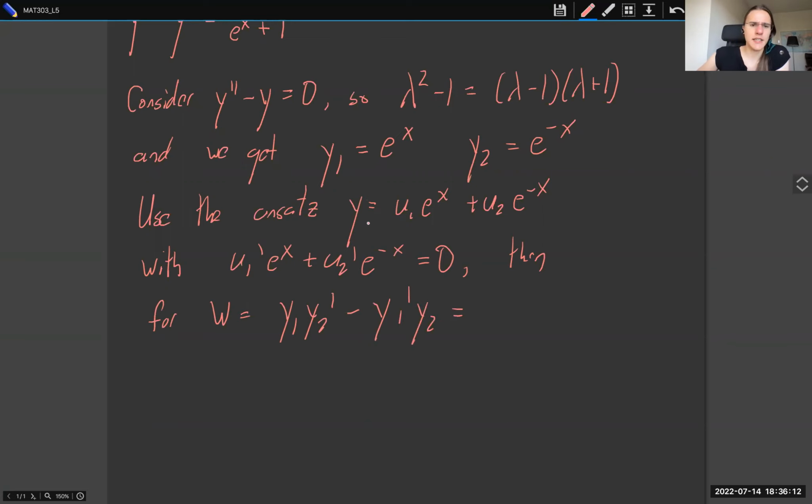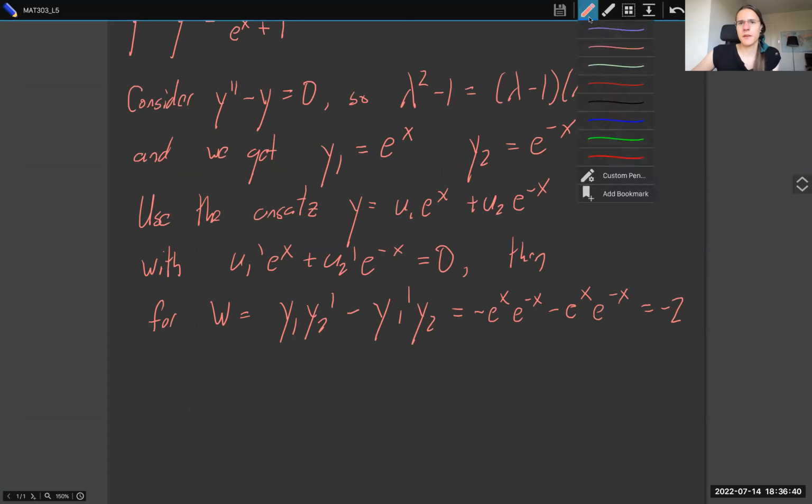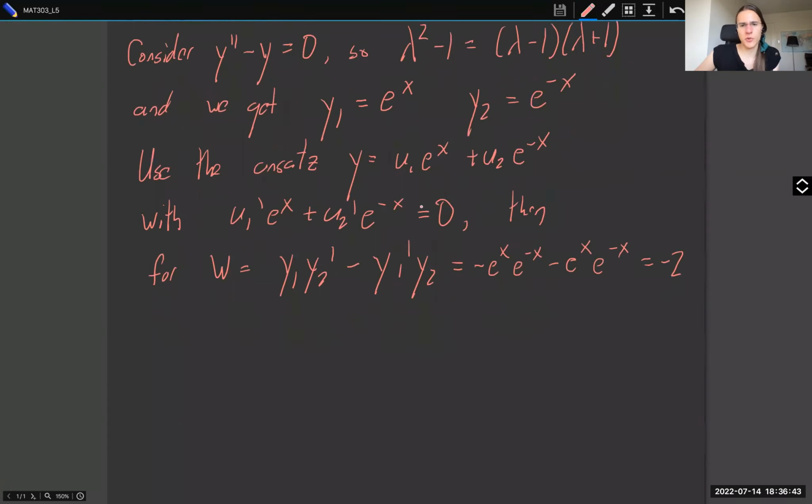What we get is e to the x times this derivative, which brings out a negative sign, and then minus this derivative, which is just e to the x. So both of these are 1, and so we get -2 as the Wronskian. They shouldn't cancel out because they're linearly independent solutions. So we made a mistake if they cancel out, but they don't. That's a number, that's not 0, so it's good.